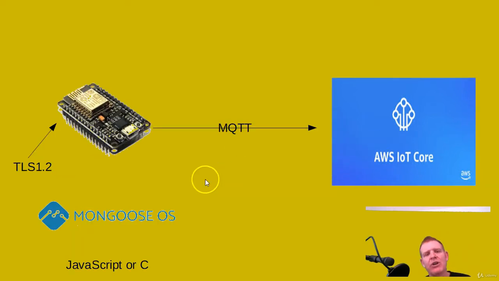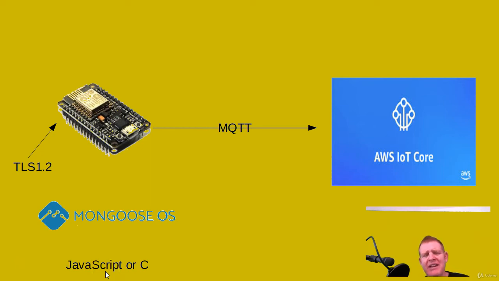Okay, after that, we're going to use Mongoose OS. What's cool about Mongoose OS is it can hold TLS 1.2 security requirements on the device. It's the only standalone software program in the whole world that I think can do that. So it makes it a really good choice. And you can program it in kind of a subset of JavaScript or C. We're going to be doing it in JavaScript.